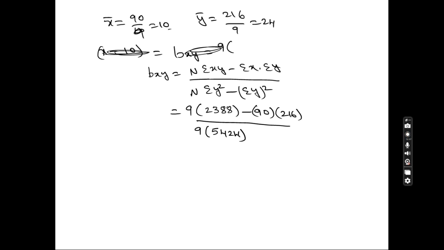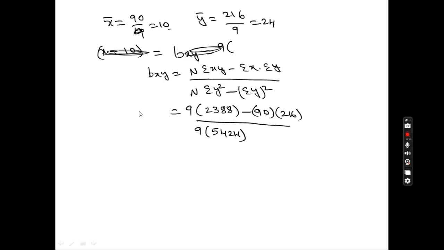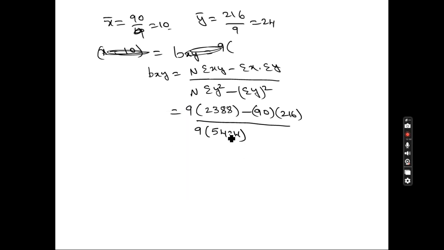So now I will go to this slide again and take the pen one more time. Minus, summation y whole square, which is 216 whole square.